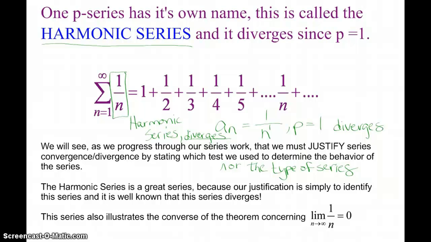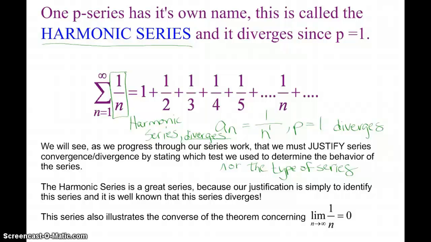If it's a harmonic series, it's going to diverge. If it's a p-series where p is less than 1, it's going to converge. If it's a p-series where p is greater than 1, it's going to diverge. So the harmonic series is a great series because our justification is simply to identify it. Here is the harmonic series, comma, we know it diverges.